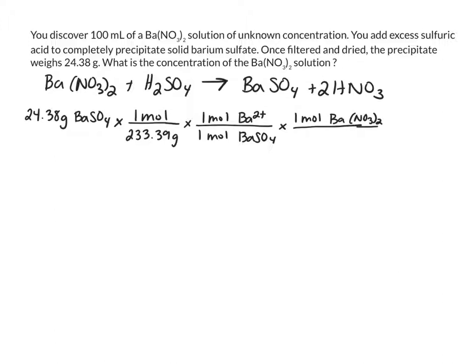And this is again just 1 barium atom. So 1 mole of barium ions will go to make 1 mole of barium nitrate. So you see how I went from the grams of my precipitate now to how many moles of my original salt I had. So when I do the stoichiometry, I get 0.1045 moles of the barium nitrate.